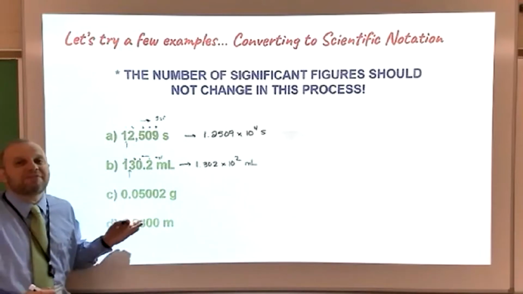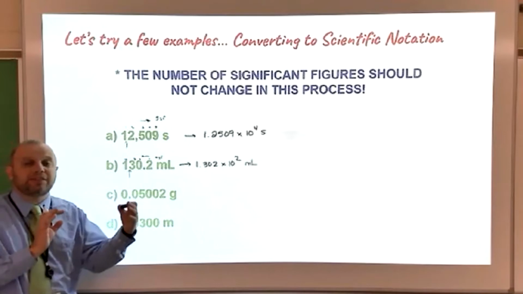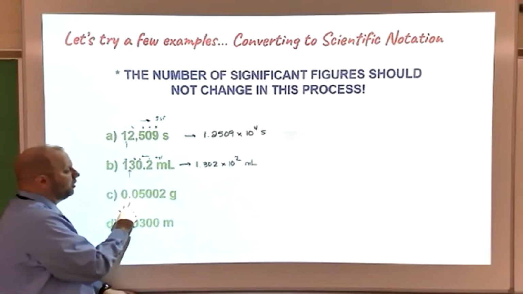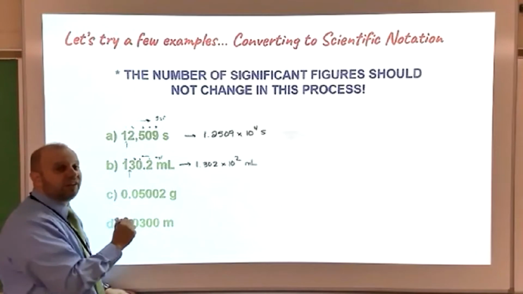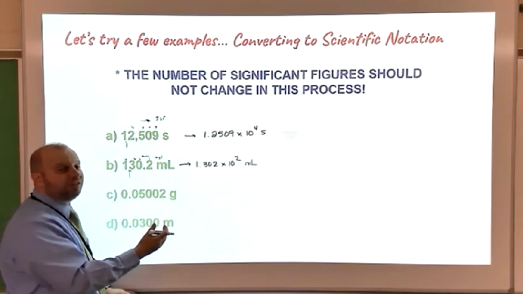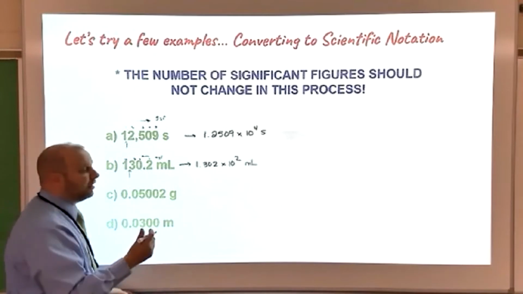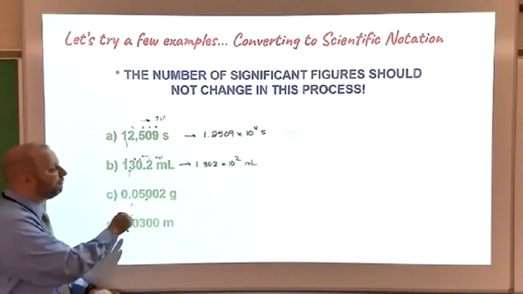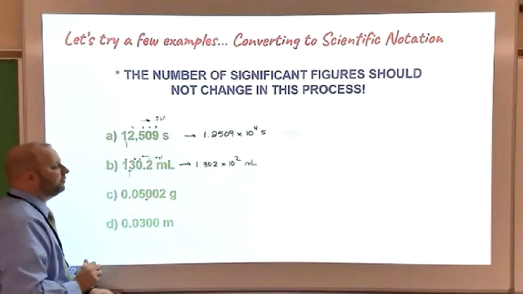In letter C, we have a decimal, so a number that is less than 1. Right now, the decimal point is here. We need to move it so that there's 1 digit to the left of the decimal that's not a 0. So that means it's going to end up right here in between the 5 and this 0 on the right side.